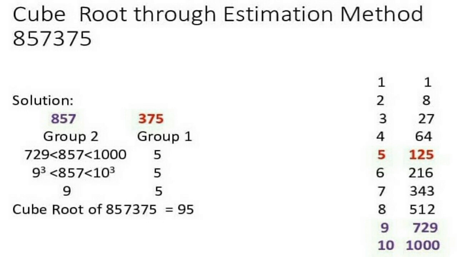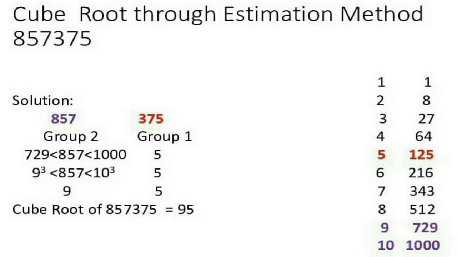So see how I wrote. 729 is less than 857, which is less than 1000, and I know 729 is the cube of 9 and 1000 is the cube of 10. So obviously 857 should lie between 9 cube and 10 cube, right?